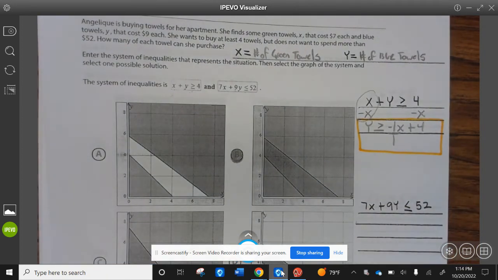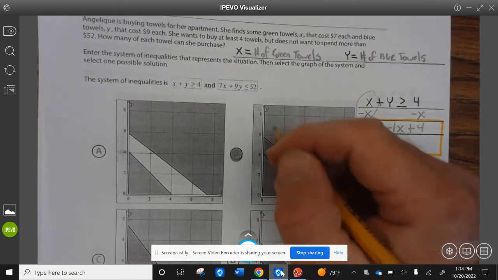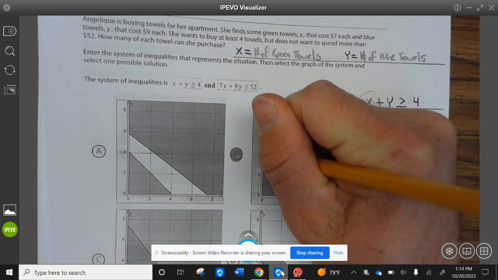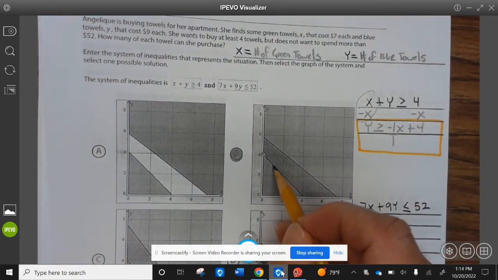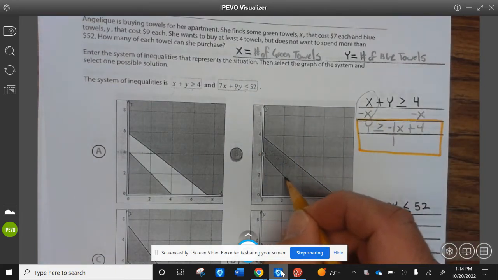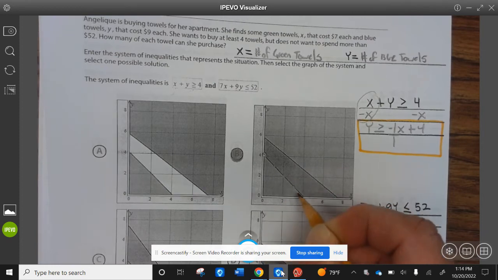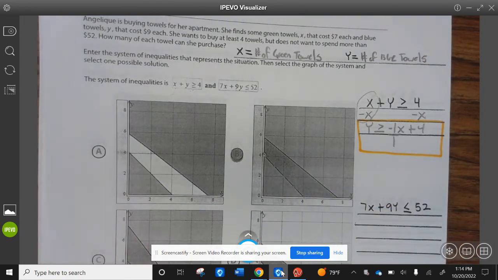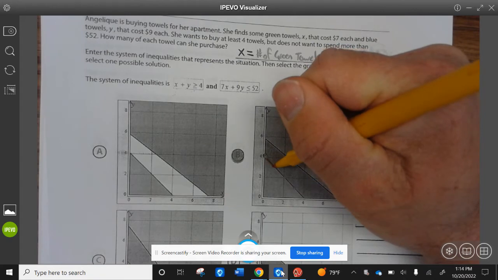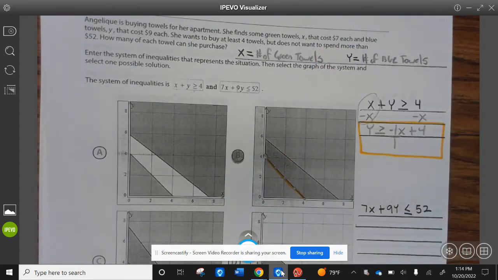Okay. Now, we start at +4, which is right here. And it says we go down one, to the left one, down one, to the left one, and so on. So this is our line. Now it's greater than, so we shade above.